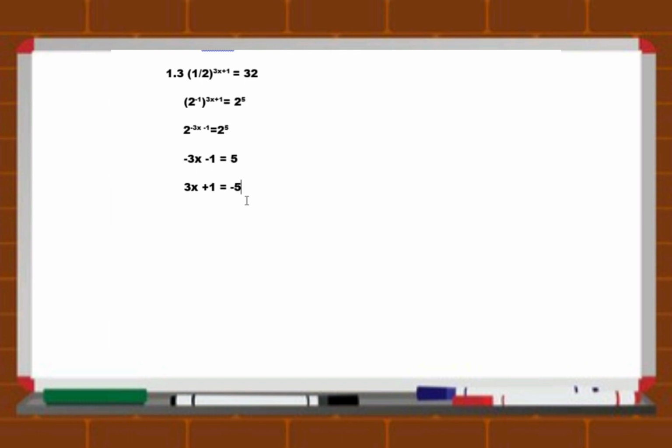You take this one, jump it over to the next side, group like terms together. You're going to be left with 3x equals -5 minus 1, which is the same as -6. And then if you divide both sides by 3, you're going to be left with x equals -2. And that's your final answer.